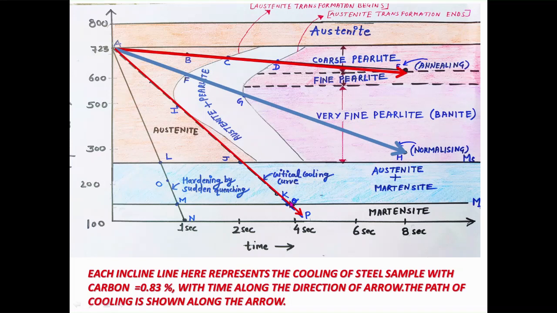On cooling further, we will reach point Q, marked by the end of the austenite conversion to martensite, and we will enter the bottom strip moving further along the arrow and reach the martensite region. So the final microstructure will be martensite. This process is called quenching.